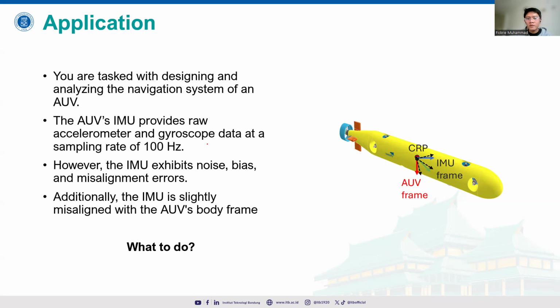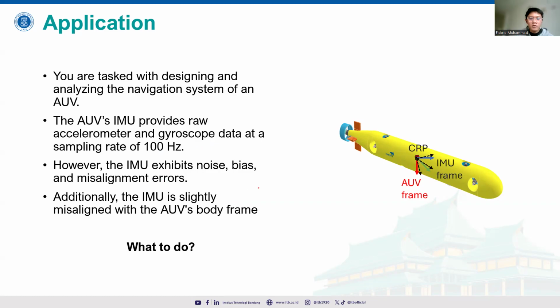So it's not that high, but okay, we consider that the sampling rate is 100 Hertz. However, the IMU of course exhibits noise, bias, and misalignment errors, like here, the center reference point of the IMU, the frame of the IMU is not directly aligned with the vehicle frame.